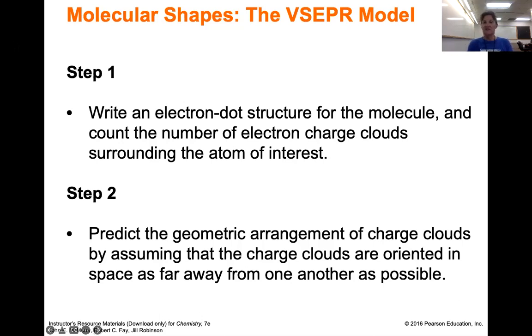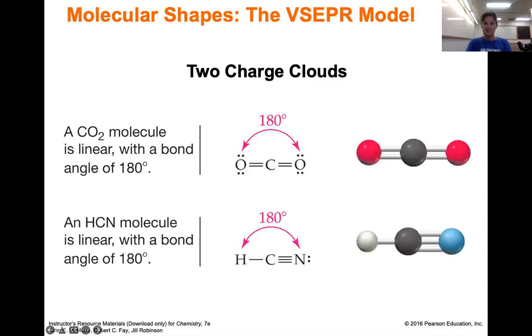Valence shell electron pair repulsion is a very, very easy concept. Electrons are all negatively charged, so they would like to have as much distance from other negatively charged particles as possible. So we're going to arrange all of the electrons, whether they're charge clouds that take part in bonding or lone pairs, in such a way to give them as much space as possible.